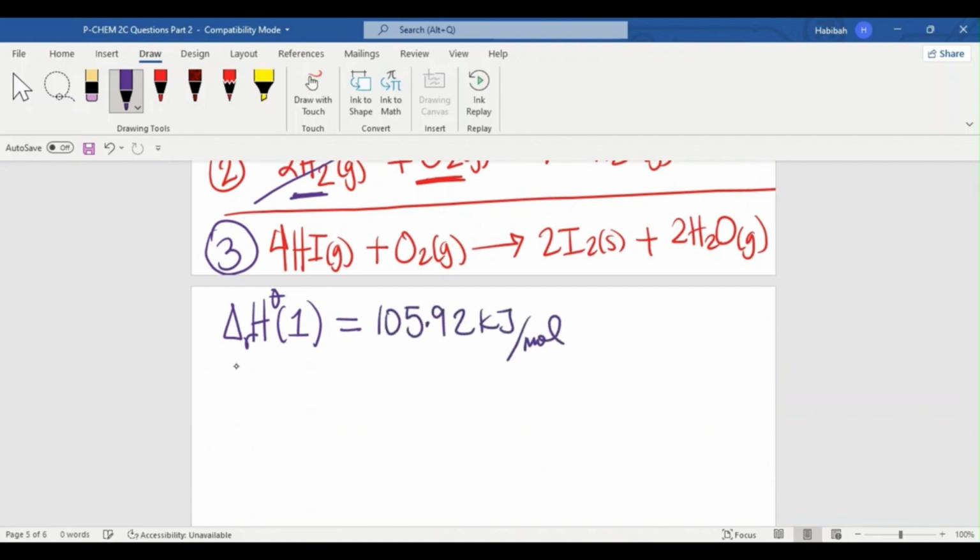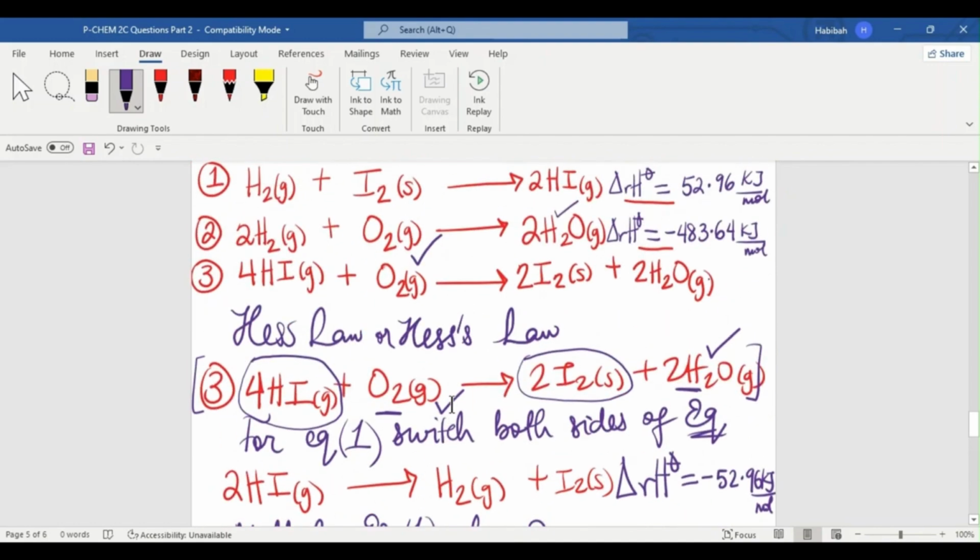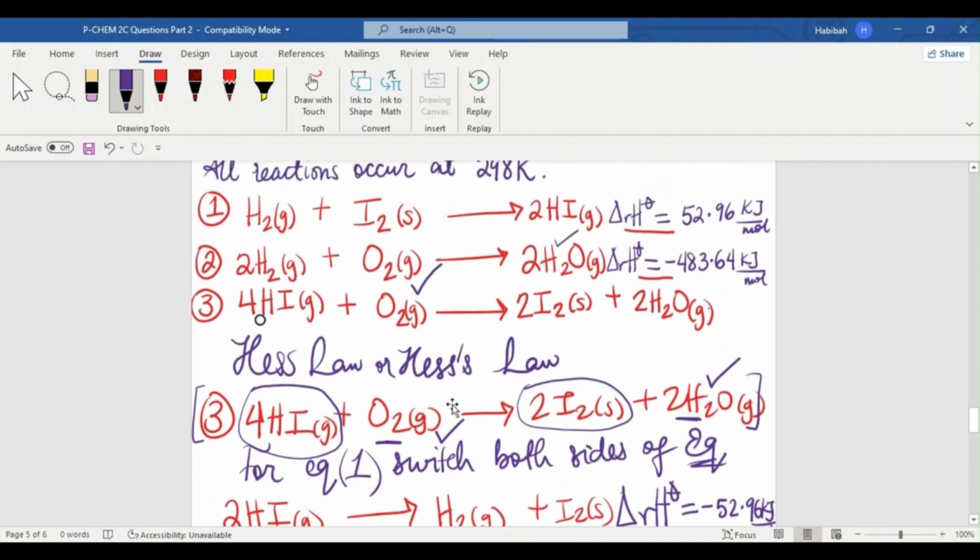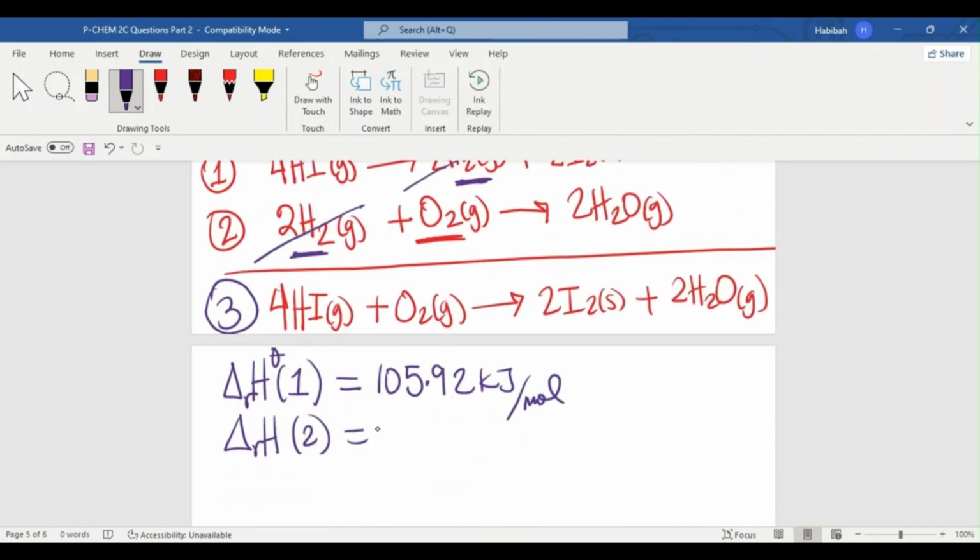And then the change in enthalpy of reaction for equation 2, we have the same exact thing. It did not change because we did not manipulate the equation in any way. So it's still going to be negative 483.64 kilojoule per mole.